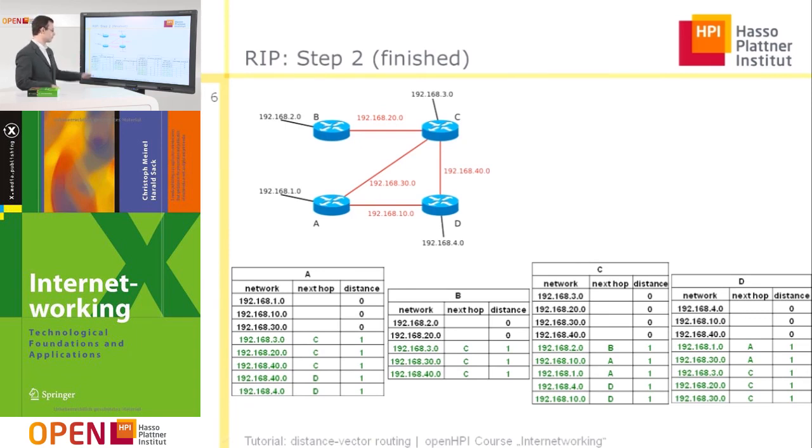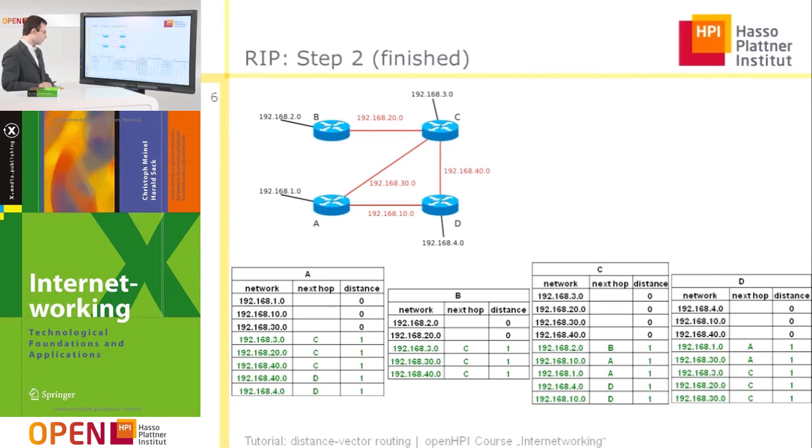Router A will have the information from routers C and D. Router B will have the information about the networks directly connected to its only neighbor, router C. Router C will have the information it receives from routers A, B, and D. And finally, router D will have the information about networks directly connected to its neighbors one hop away, routers A and C. Then, after 30 seconds, the exchange of the routing tables should be repeated.